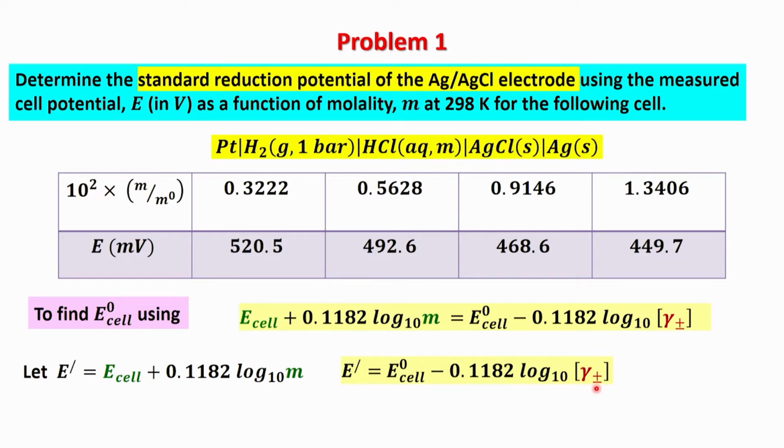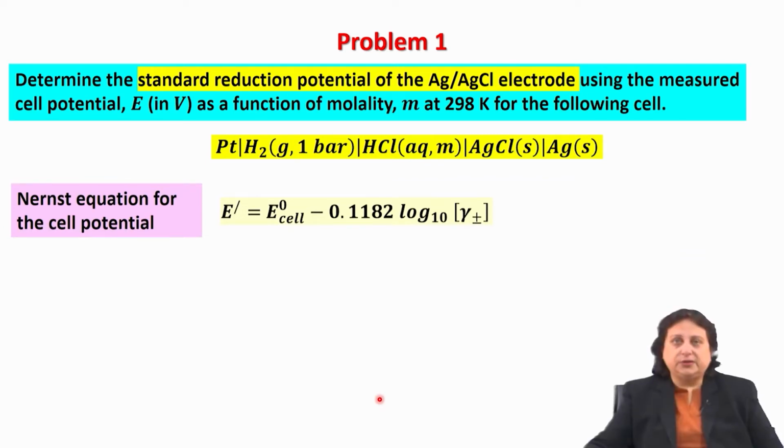Therefore, if I know gamma plus minus, then I can use it to compute the corresponding value of E prime and obtain E naught cell. Okay. So, that is the basic idea over here.